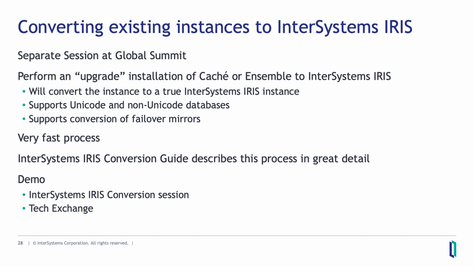So you can pick an instance that is really a Caché instance or Ensemble instance, and pick this as part of your upgrade strategy. When you do this, the system on Windows will actually tell you that this is a conversion. If you do this on Unix, it will tell you that this is a Caché and Ensemble instance. You're really now doing something other than an upgrade. You're really doing a conversion.